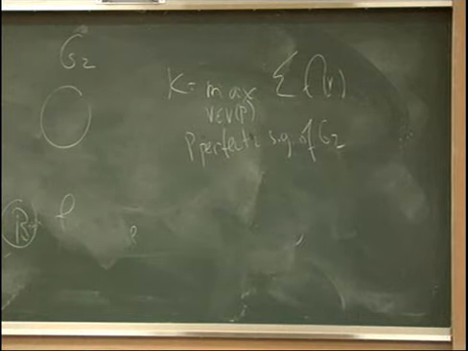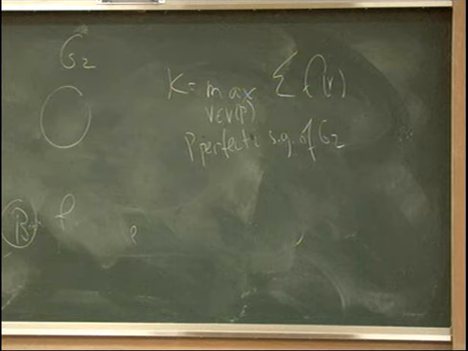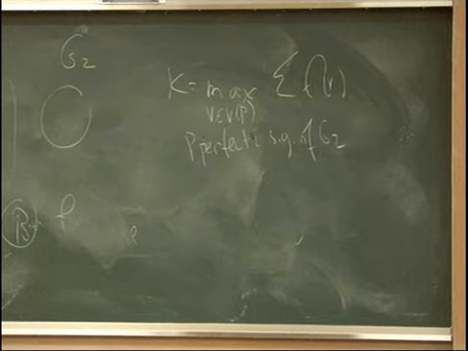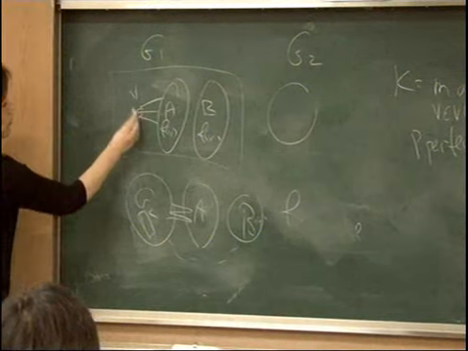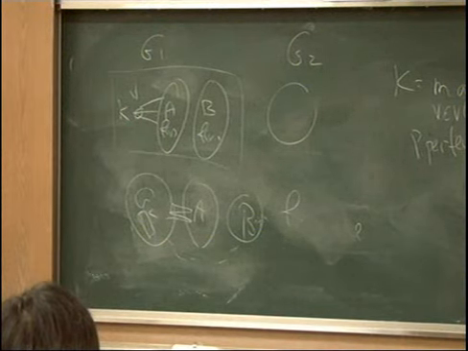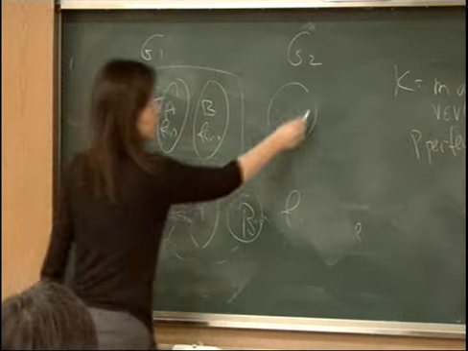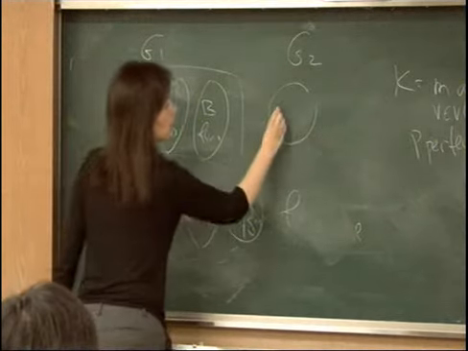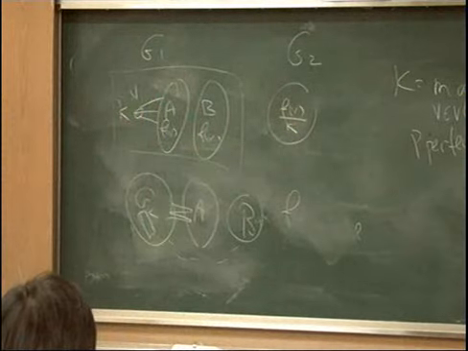I want to find the perfect induced subgraph here with the biggest sum of f, and this biggest sum is called k. Okay, so now I'm going to define a function on this graph. I'm going to leave f unchanged in A and B, and I'm going to put k here. All right. Now I'm going to define a new function on this graph. So what I'll do is I'll take f of v and divide it by k.